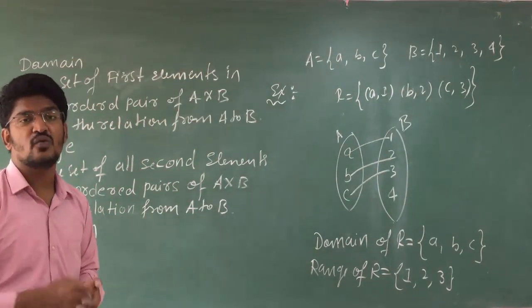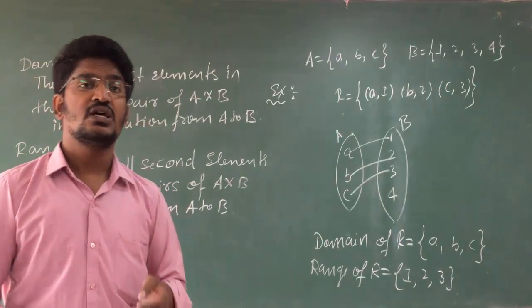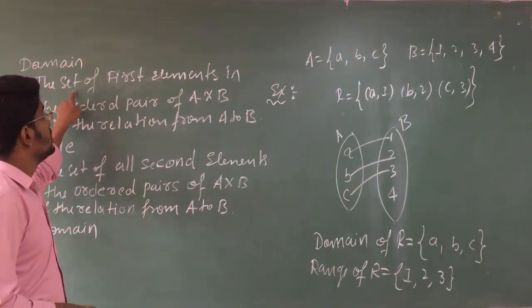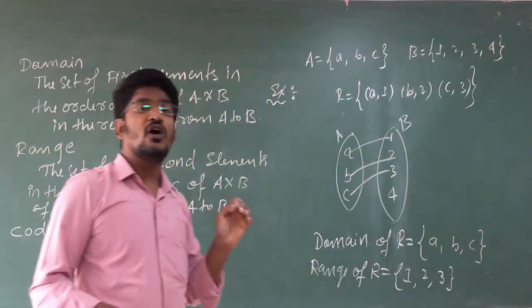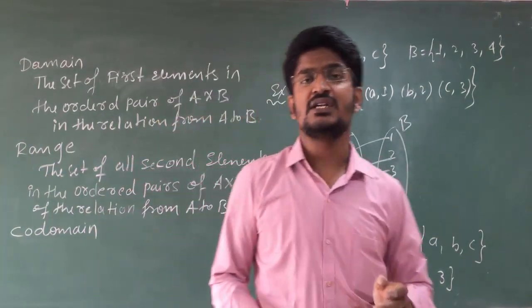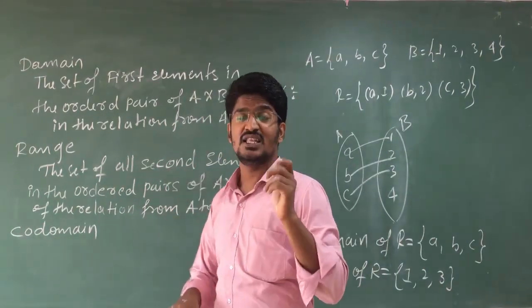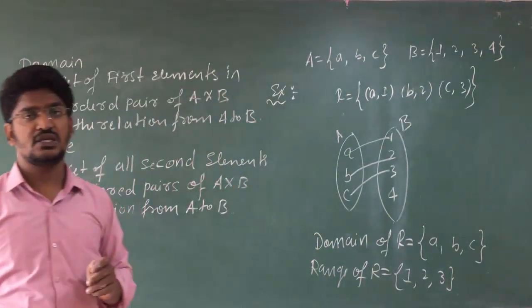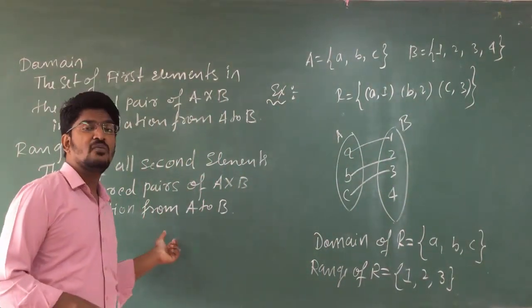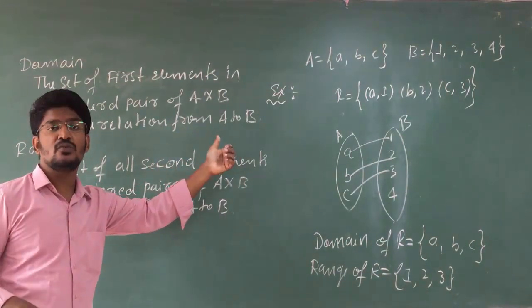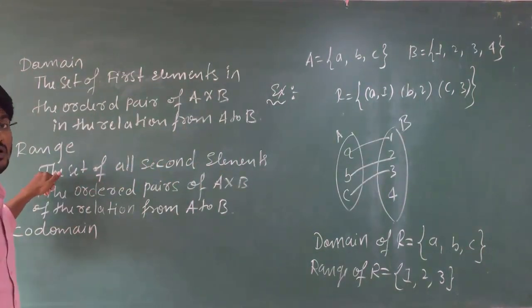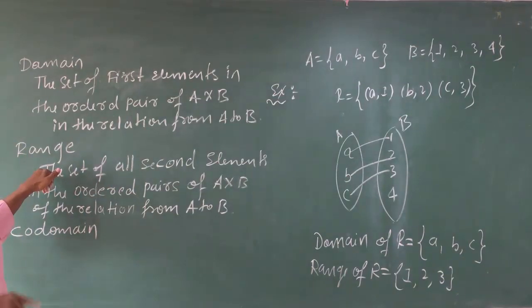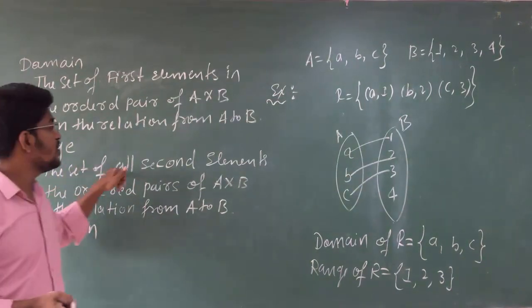But to understand what is domain and what is range, the first important thing is domain is the set of all first elements of the ordered pairs. Range is the set of all second elements of the ordered pairs. Clear? For the relation from A to B. For writing these definitions, please don't write only the set of all second elements.